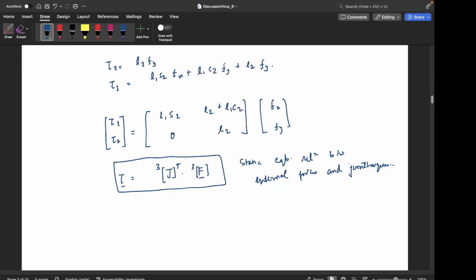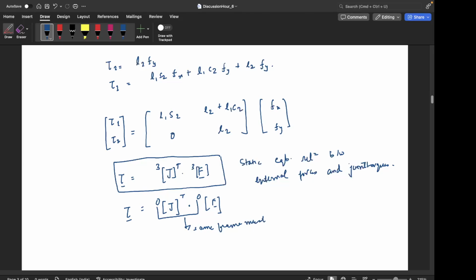So the key thing to note here is that the same relation can also be written in different frames. What you should note is that the frame in which the Jacobian is written and the frame in which the forces are written must always be the same frame.